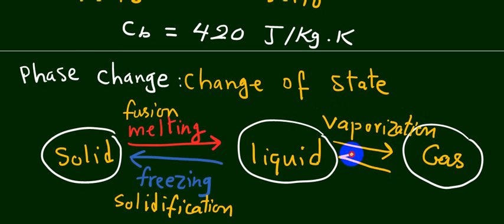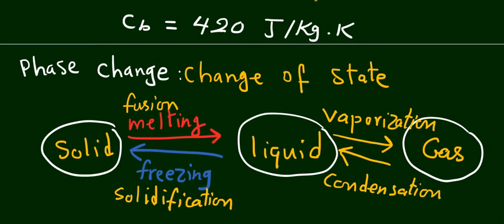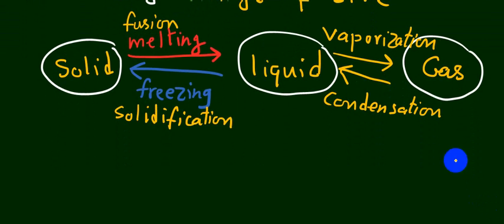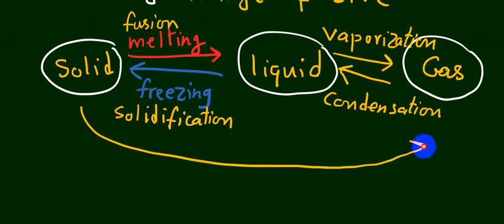And the change from gas to liquid is called condensation. Also, solid can change into a gas directly without a liquid state, and this is called sublimation. From gas to solid is called deposition.